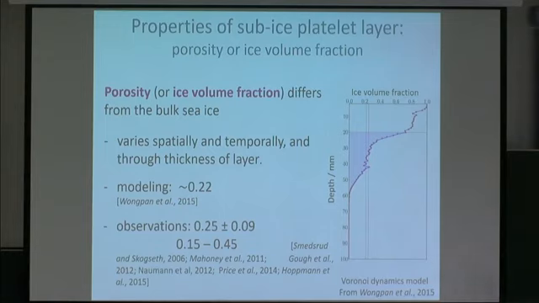Observations, there's a whole range of these, and the sort of number I would choose is 0.25, but it's plus or minus 0.1. So it's a case where the error is as big as the measurement. And I don't know that that's entirely unjustified because I suspect that it's probably quite a variable quantity. It'd be interesting to see what Dirk thinks.